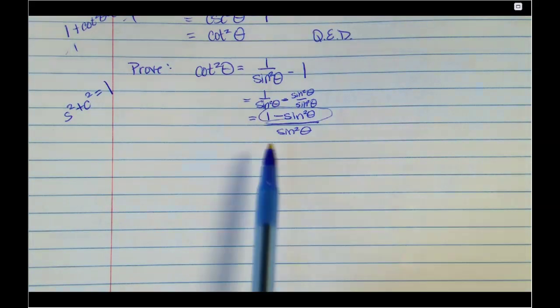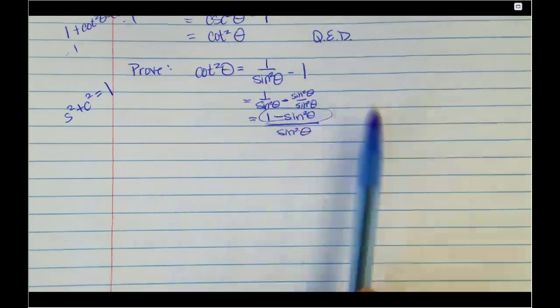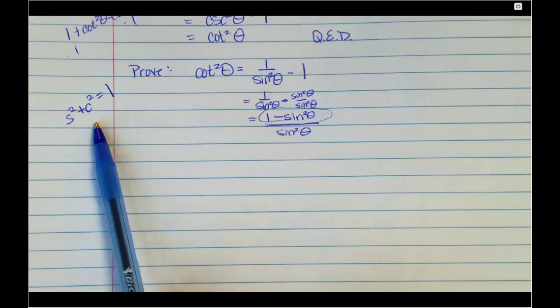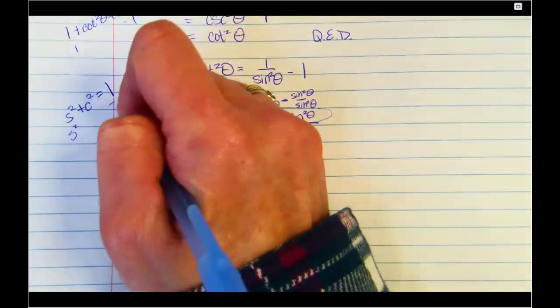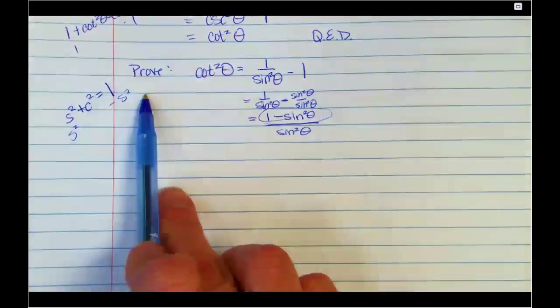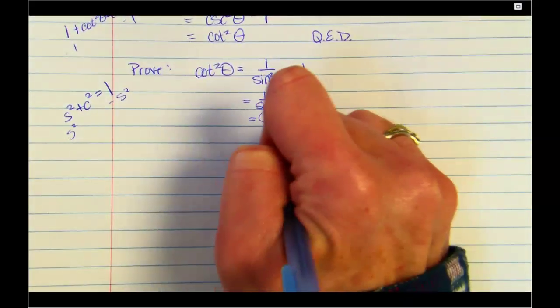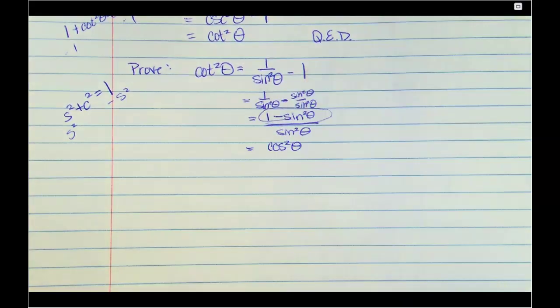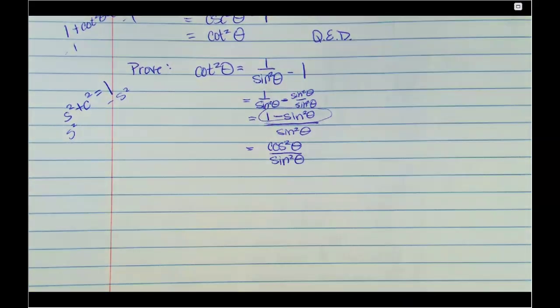So the question is, if I can rearrange this to be 1 minus sine squared, can I? Yeah. I'm just too lazy to write out sine and cosine here, that's all. Sine squared minus sine squared. 1 minus sine squared is equal to what? So I am allowed to substitute out the top because that is equivalent to cosine squared over sine squared.